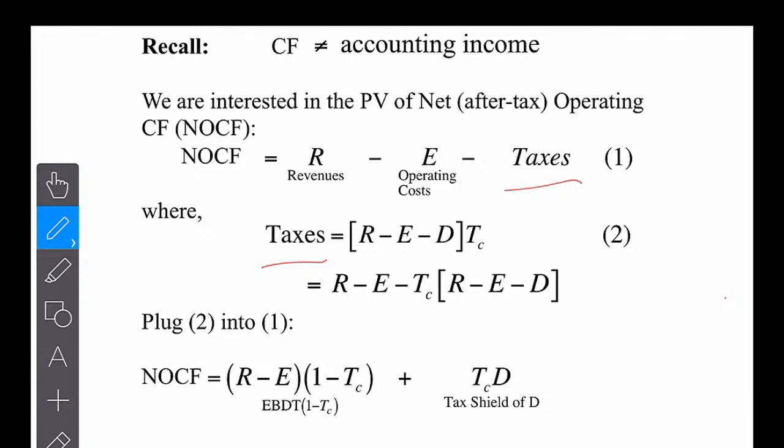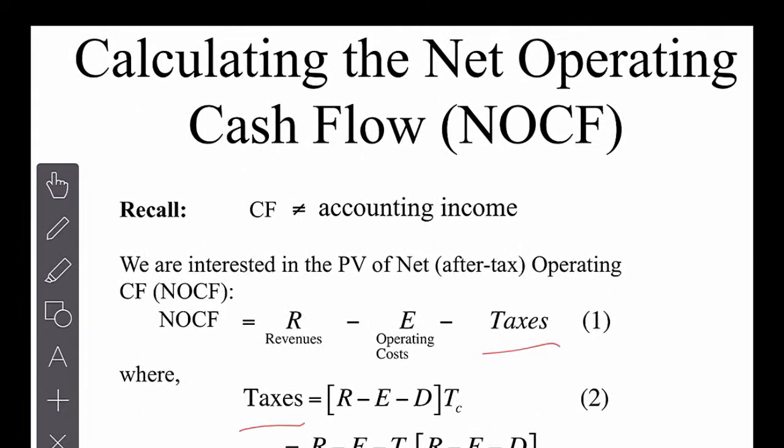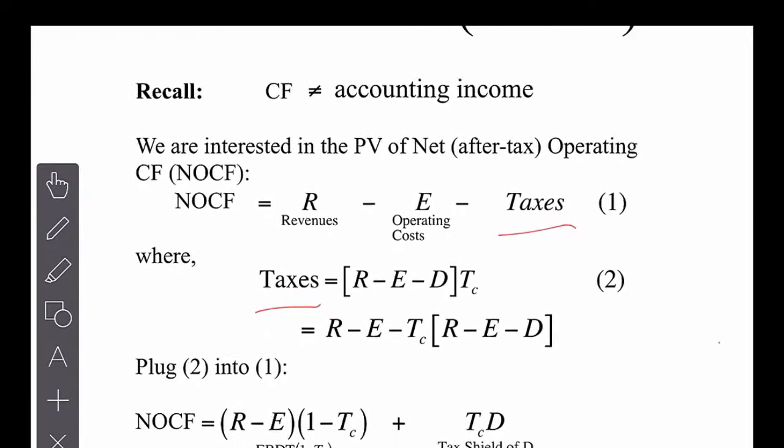This is called, so I can use the term, revenues less operating costs less taxes, known as net operating cash flows. That's the title, right? Net operating cash flow. So that's what we compute.